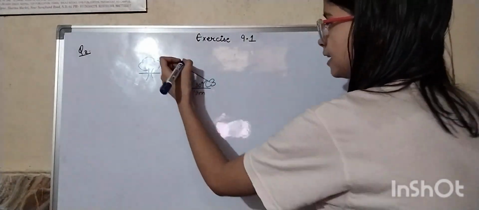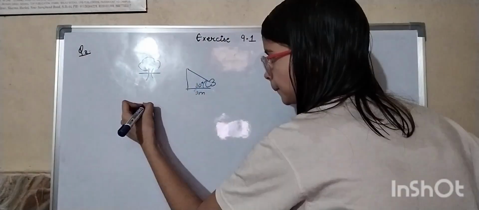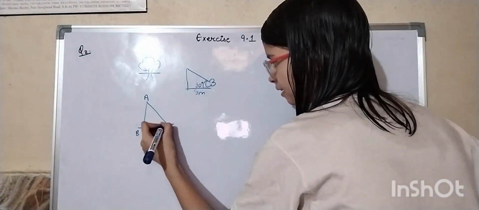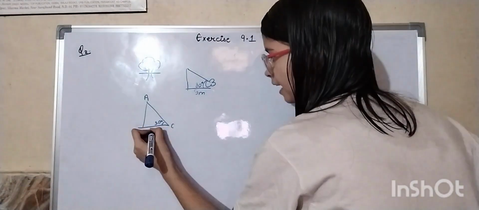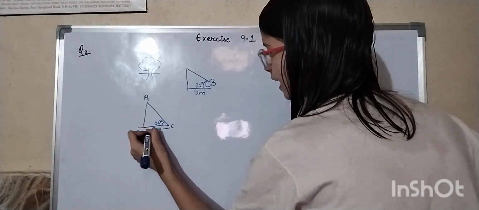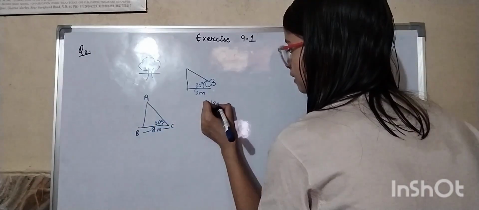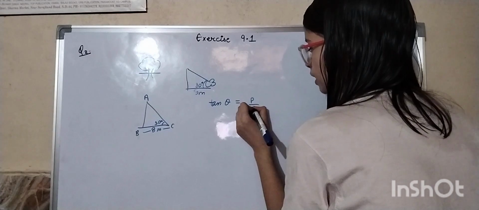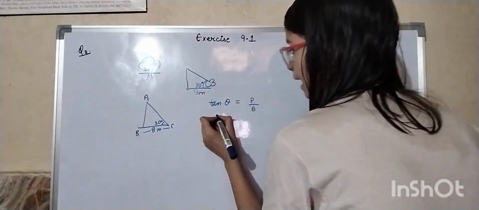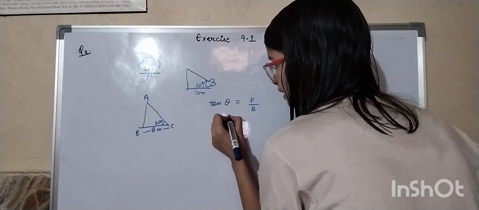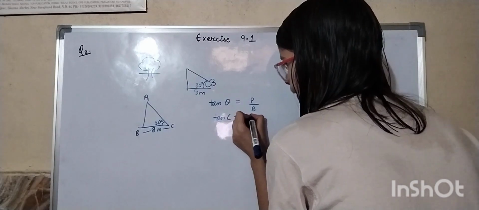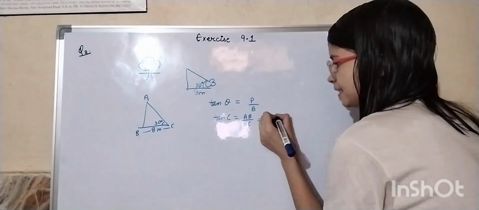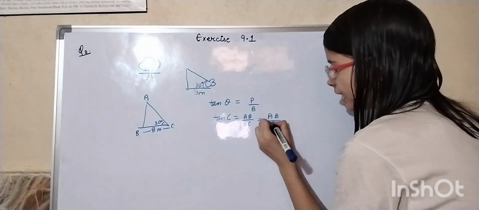Let's name this triangle A, B, C, where this angle is 30 degree and this side is 8 meter. So we know that tan theta is equal to perpendicular upon base, and tan C is equals to AB upon BC, which we can also write as AB upon 8.